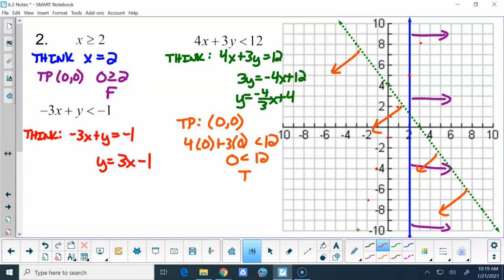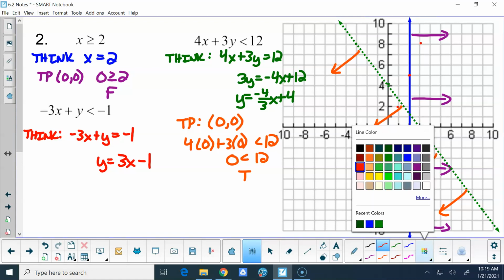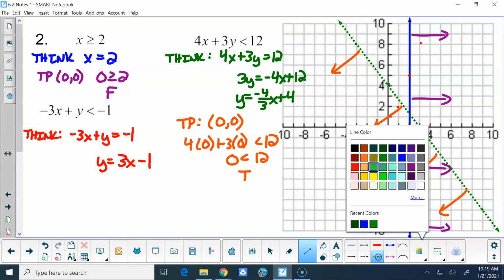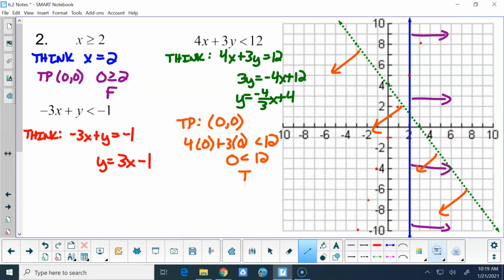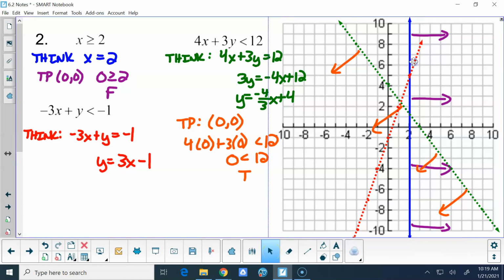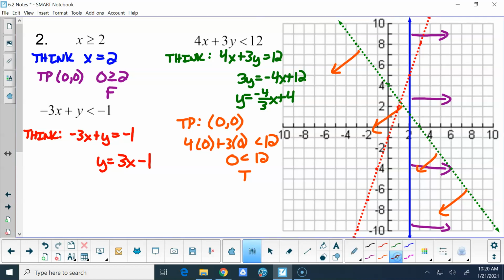It is a dashed line. It did not go through the origin.